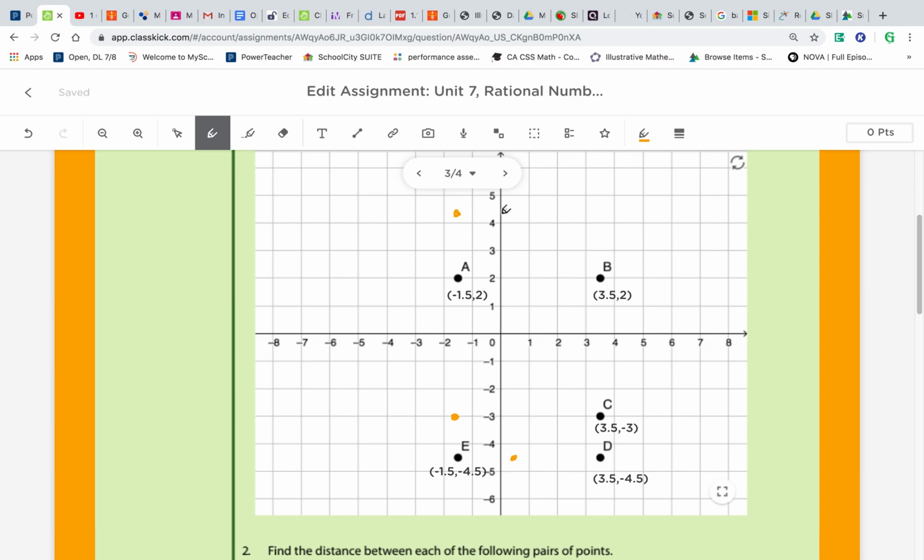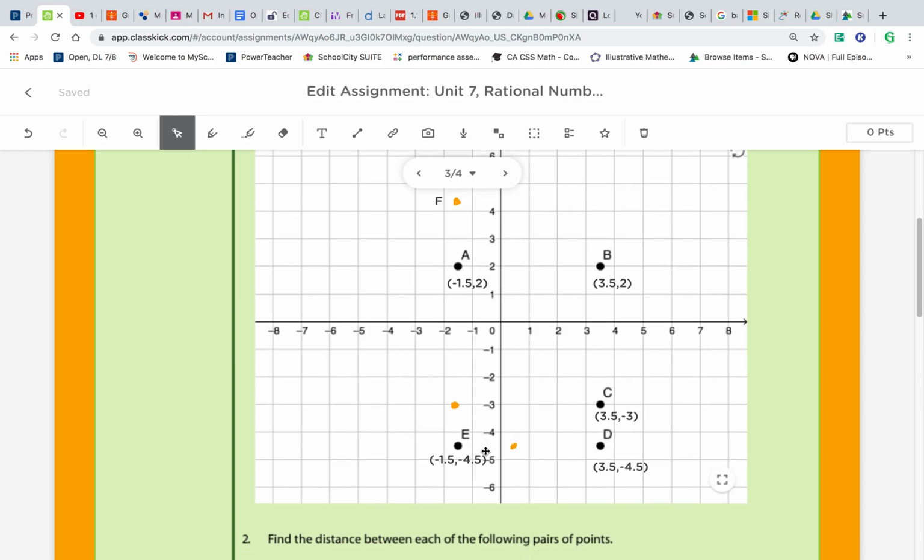This would be 4.5, right? Even though I made it a little bit lower than halfway through, we know it should be halfway through. 1, 2, and a half. Yes, there we go. We can call this F. And that is going to be 2.5 away from A, and also 9 away from E.